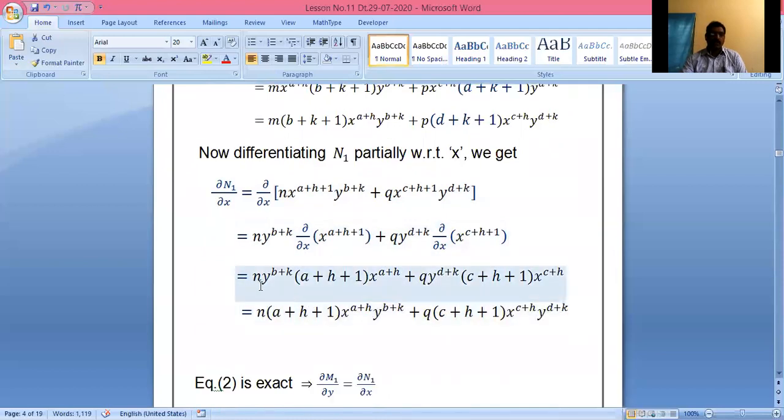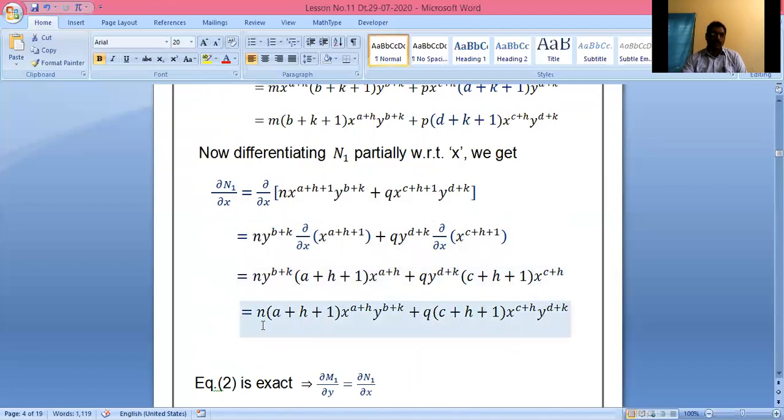That is equal to n y^(b+k), where ∂/∂x of x^(a+h+1) is (a+h+1) x^(a+h), plus q y^(d+k), where ∂/∂x of x^(c+h+1) is (c+h+1) x^(c+h).